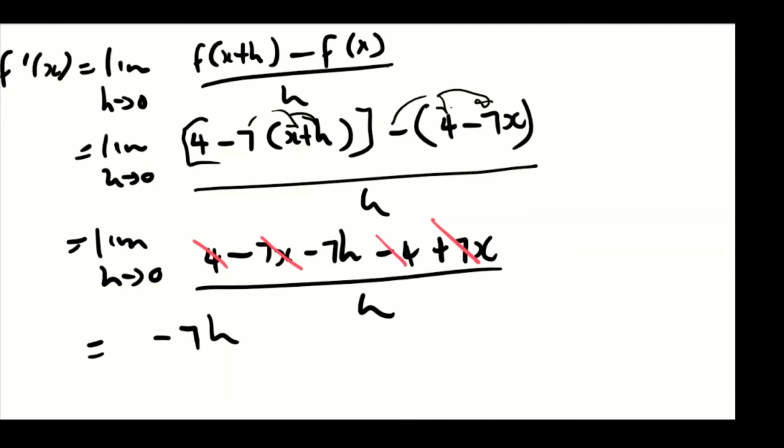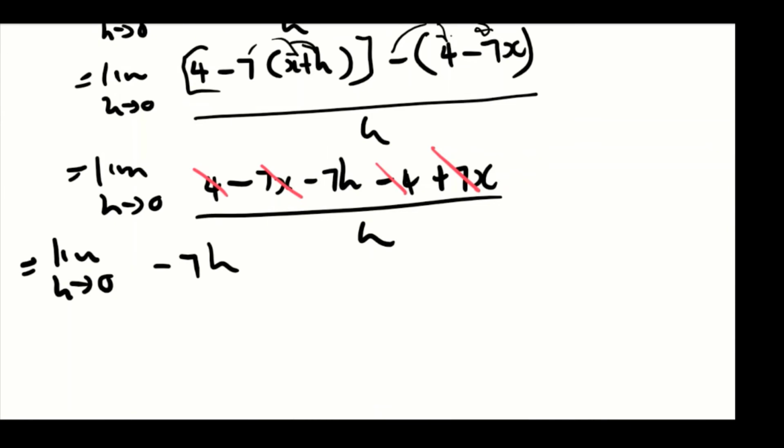So it's the limit as h approaches 0 of minus 7h over h, right? The h goes away, so we remain with minus 7. So that would be the answer, the derivative of f of x.